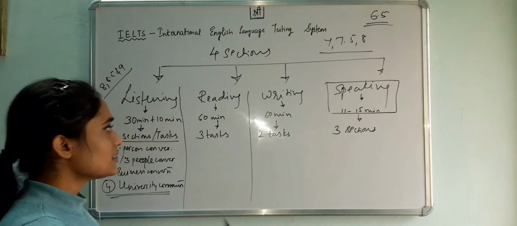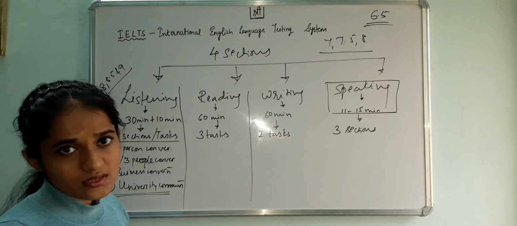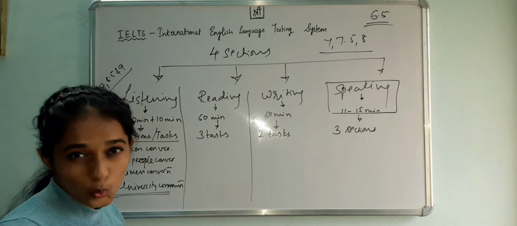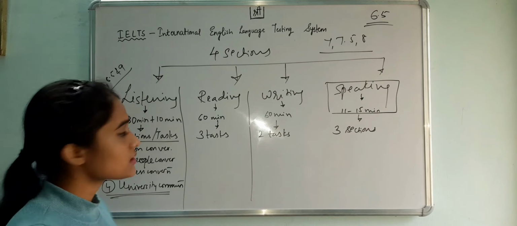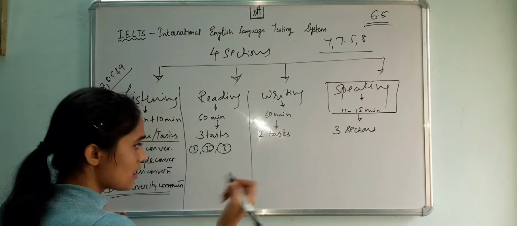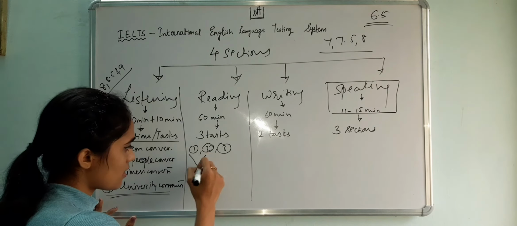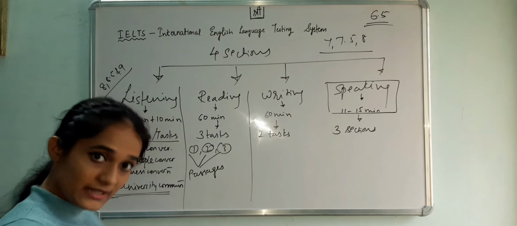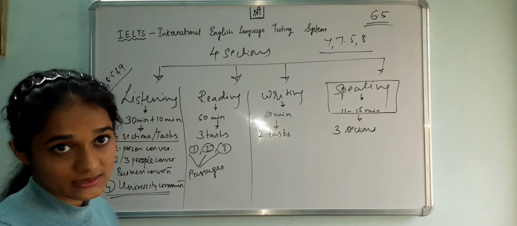Next we have reading. In reading, we have 60 minutes and there's no extra time to transfer our answers. So you just have to be a bit quick, and we have 3 tasks. The 3 tasks are all the same. We get passages. We have to read them and mark the answers.